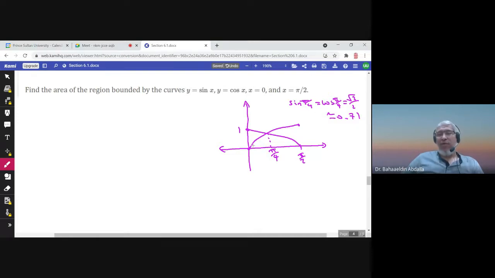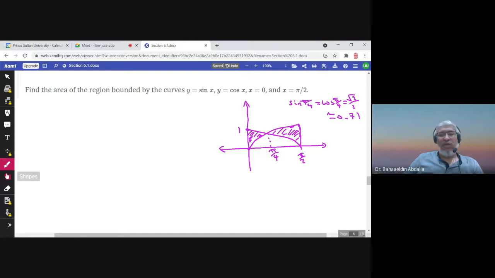So now from 0 to pi over 2, I have two areas enclosed by the curves. I have this area and this area. Enclosed means between the two curves. So I can say this is S1 and this is S2.